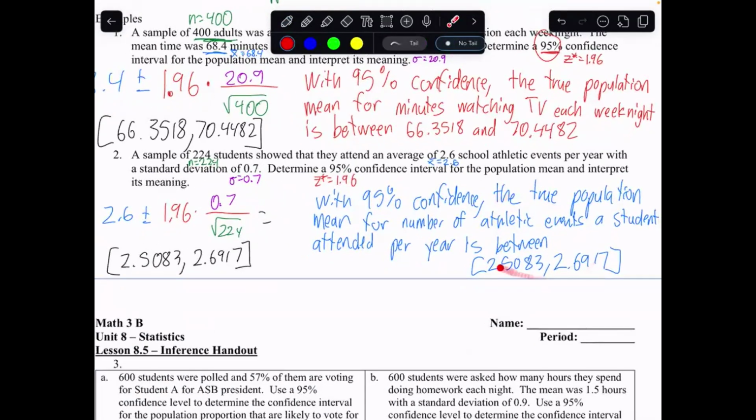Okay. So questions on anything on these first 2 pages? Okay, so let's continue on.